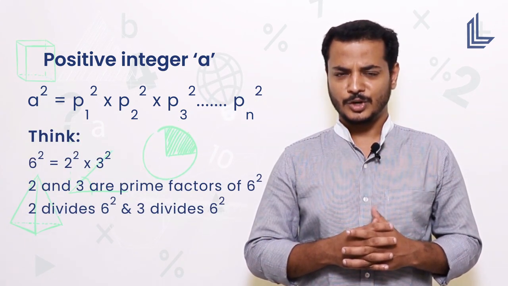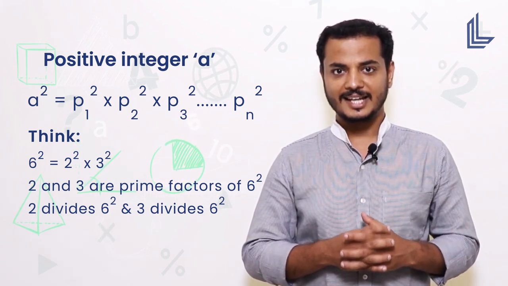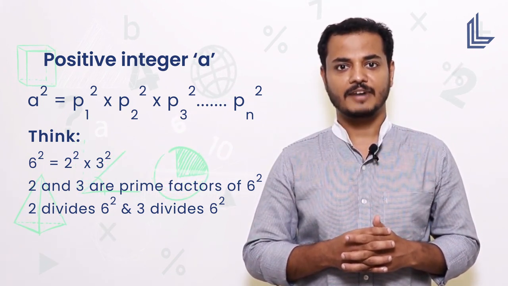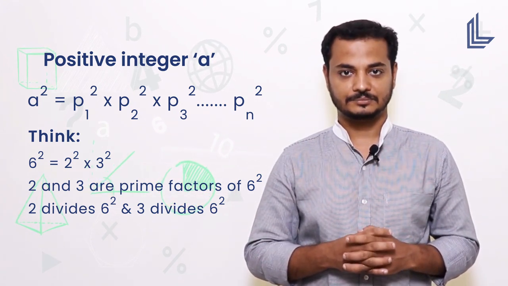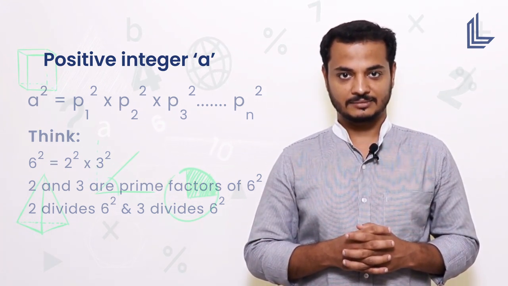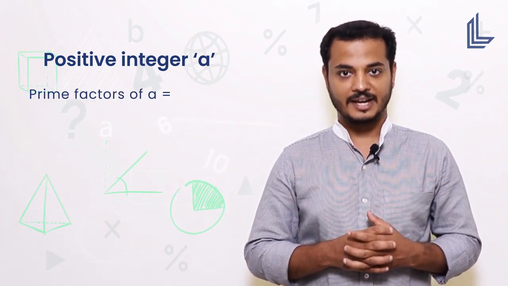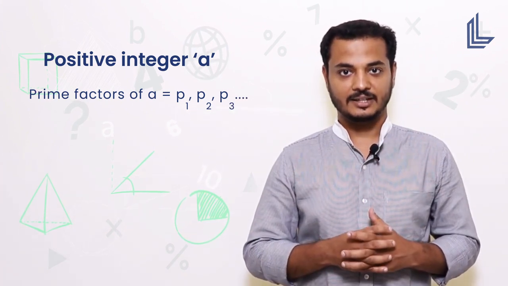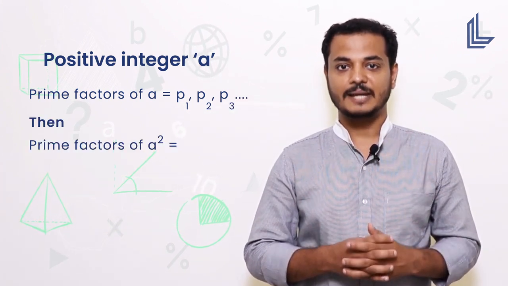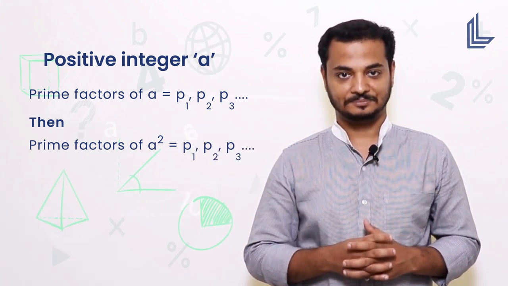Now what do you observe here? We can see that even a square has only prime factors p1, p2, etc. till pn. So what does it mean? It means that if a has prime factors p1, p2, p3, etc. till pn, a square will also have the same prime factors p1, p2, p3, etc. till pn.